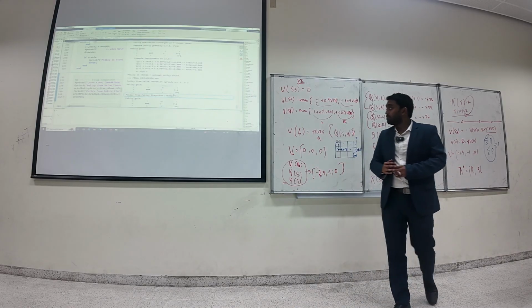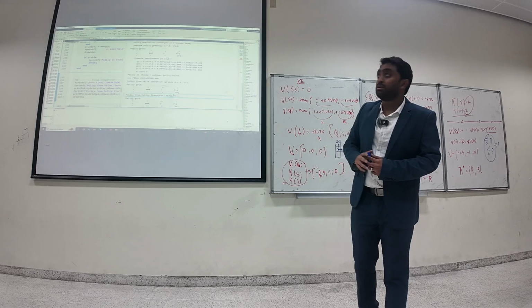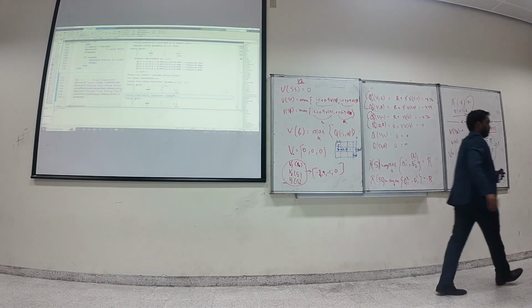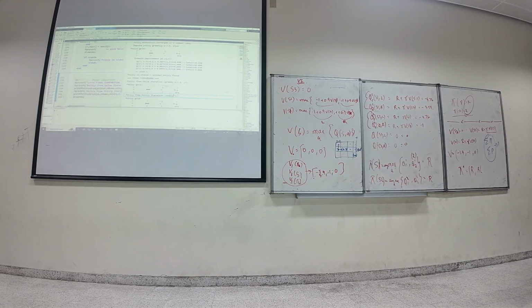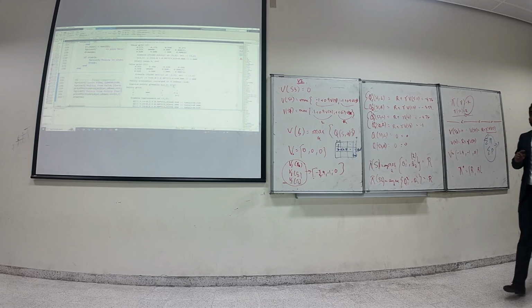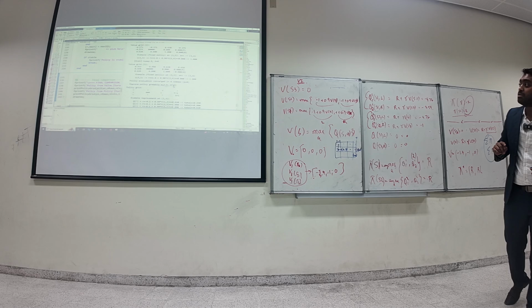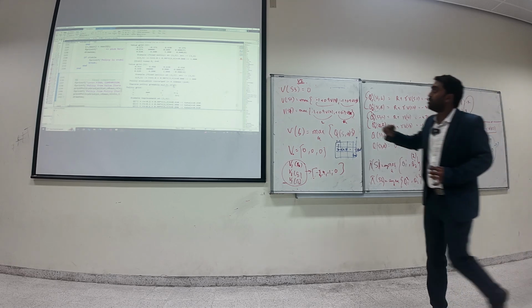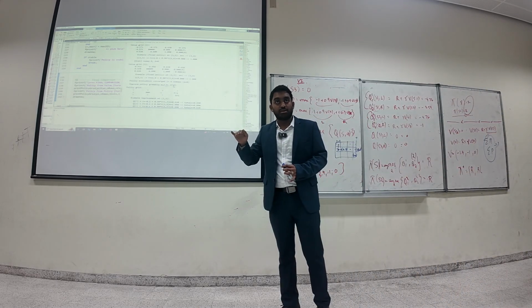Can you just go to the value table? Value table, I will go through it. Why is the value function of the final state always 0? Because it's the terminal state.